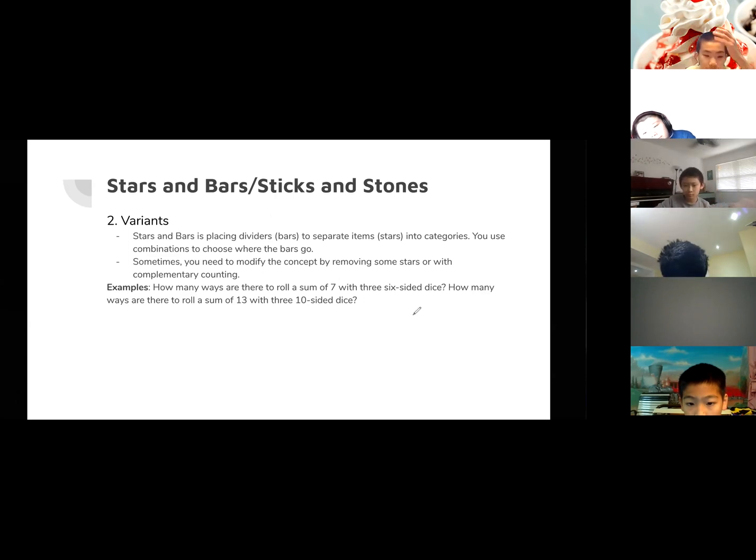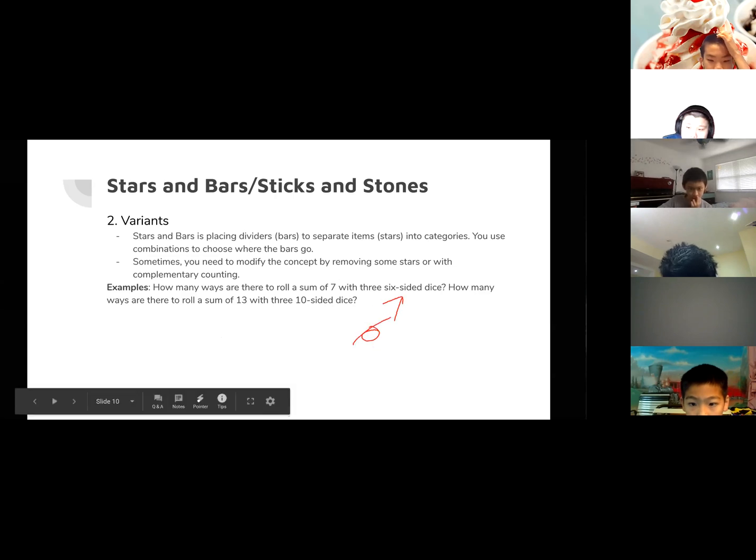So, how many ways are there to roll a sum of 7 with 3 six-sided dice? Well, first of all, six-sided dice obviously don't have a zero face. So the smallest face here is just going to be a 1.